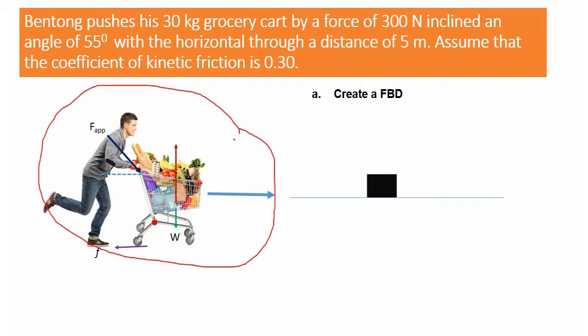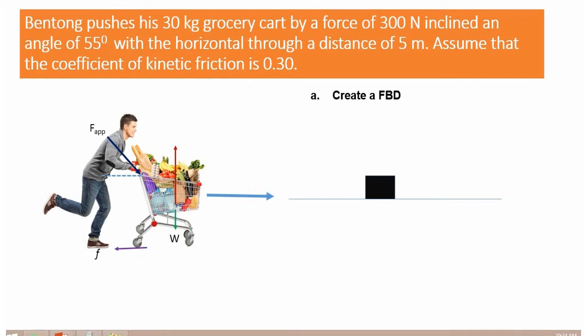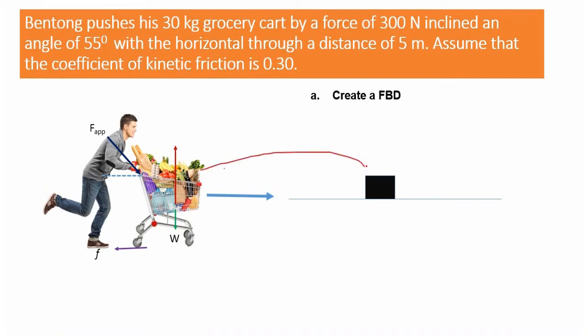But let's go to the standard form. First we have to convert this cart into this box here. The cart has a mass and it's on the earth, subject to gravitational force, so it has a weight. And it's not falling down, so there must be some sort of normal force.